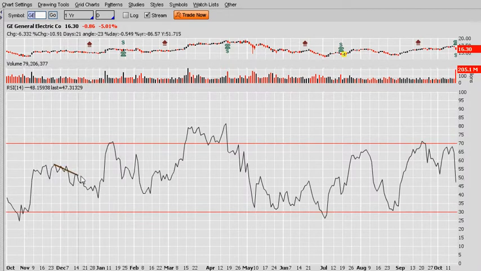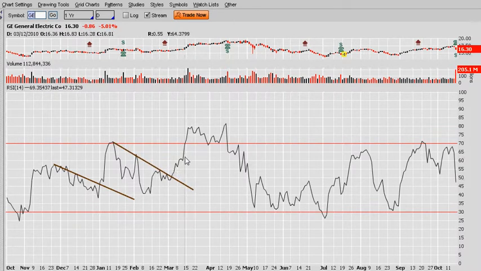So here's the first trend line. There's our first trend line. Our second trend line. Let's check. I'll go with this one. 1, 2, 3.